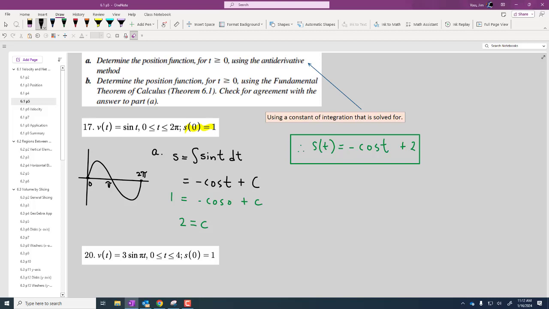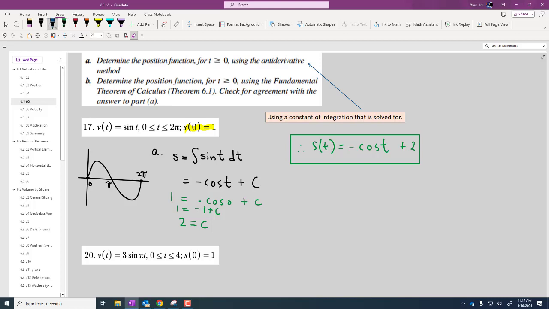Yeah, if you could just explain how you went from 1 equals negative cosine 0 to 2 equals... Oh, yes, because cosine of 0, what is cosine of 0? 1. So that's negative 1 plus c, and then add 1 to both sides. Make sense? Yes. So there we have the position function using the antiderivative method.